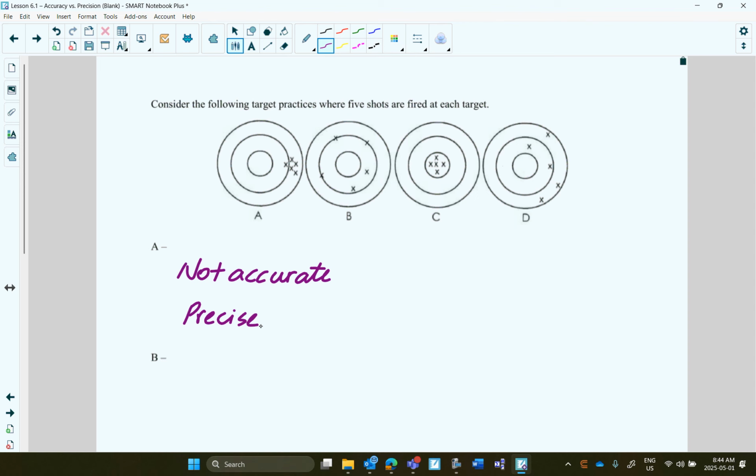What about B? It's not precise because if we shot several times, we're spread out. Accurate? Not really.